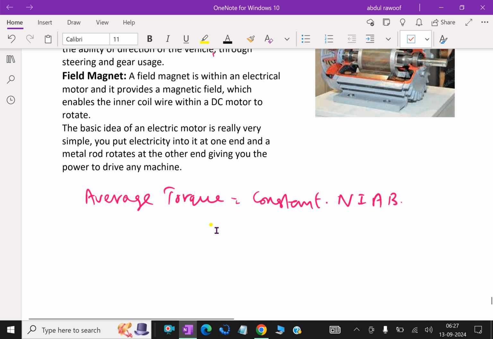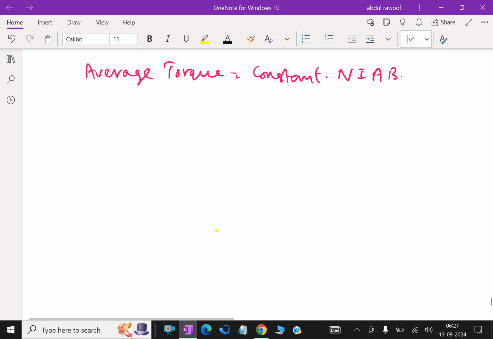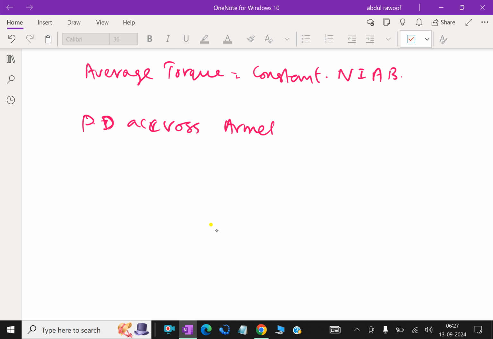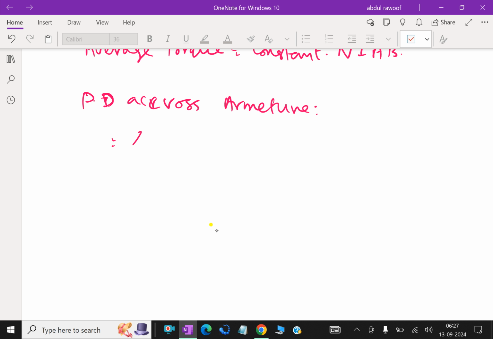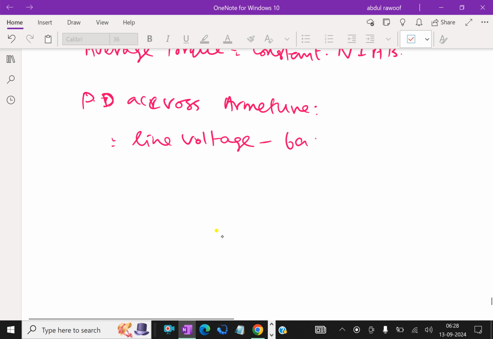The PD across the armature, PD meaning potential difference, is equal to line voltage minus back EMF.